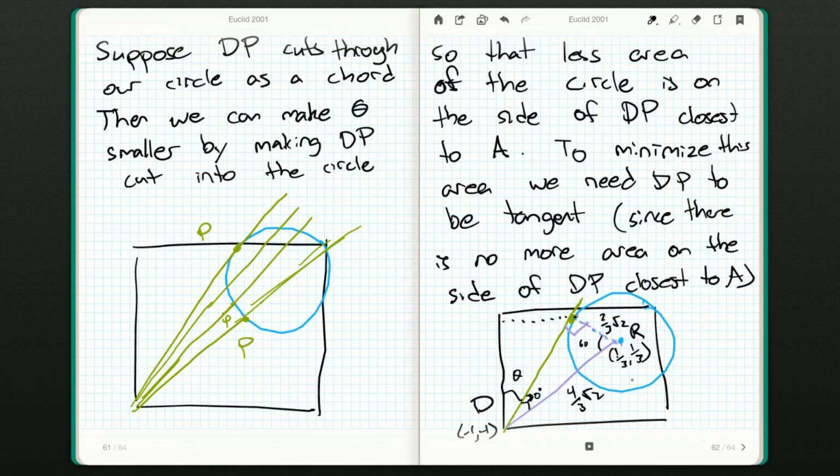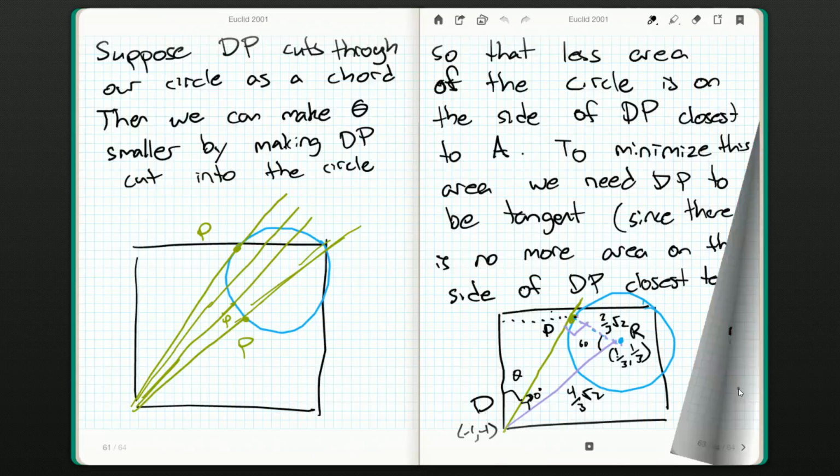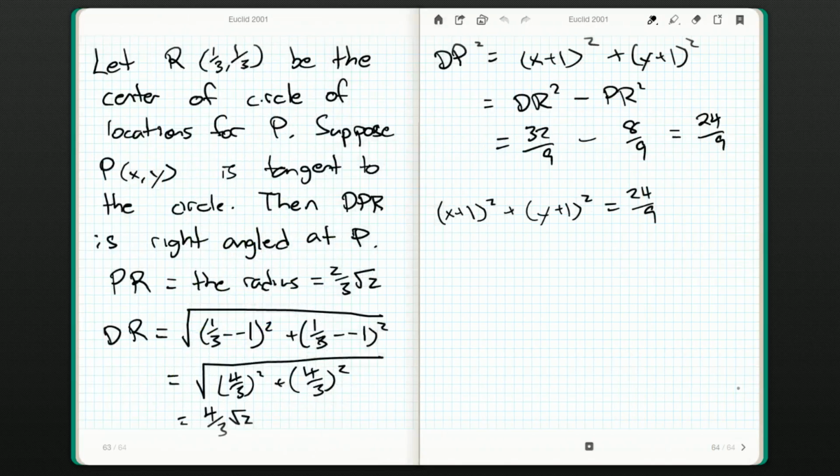Well, I suppose because PR is perpendicular to DP, their slopes have to be negative reciprocals. PR is perpendicular.